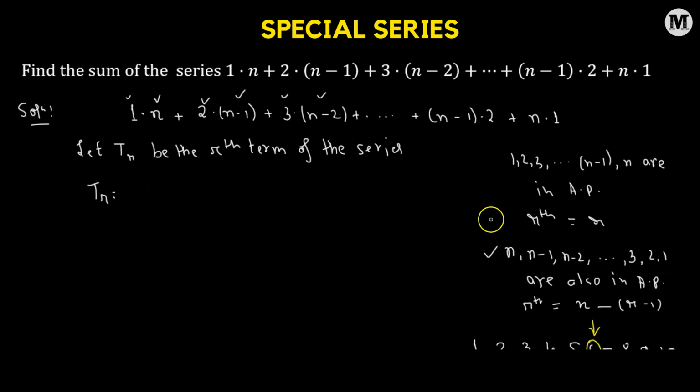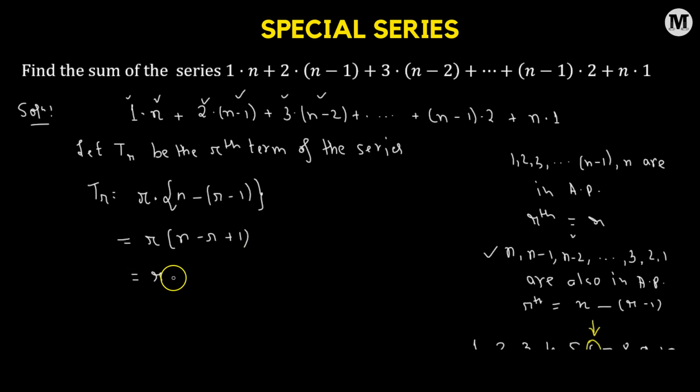To find out the general term tr of the series, we'll take the rth term of the first sequence, which is simply r, and multiply it to the rth term of the second sequence, that's n minus r minus 1. So this is going to give us r multiplied to n minus r added to 1.